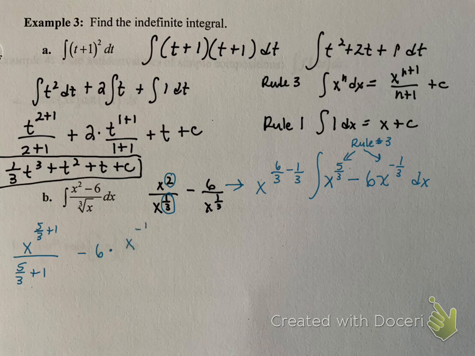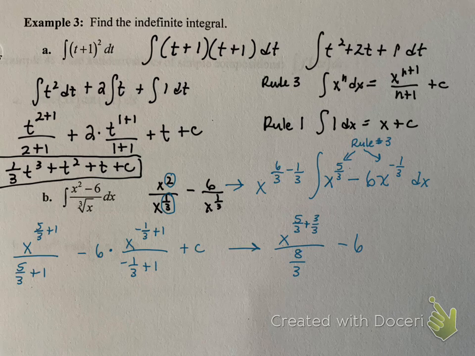So x to the negative 1/3 plus 1 over negative 1/3 plus 1. Okay, and then plus c. So what does this look like? We get x to the 5/3 plus 3/3 all over the same thing, which, by the way, this becomes 8/3. Okay, minus 6, and then we have x to the negative 1/3 plus 3 over 3. That's going to give me a positive 2/3.